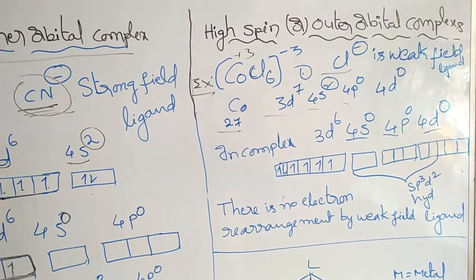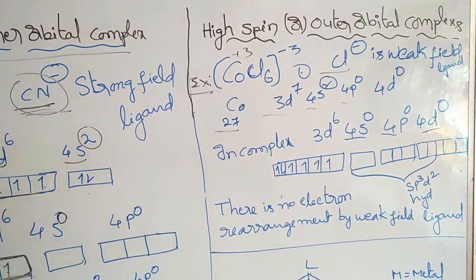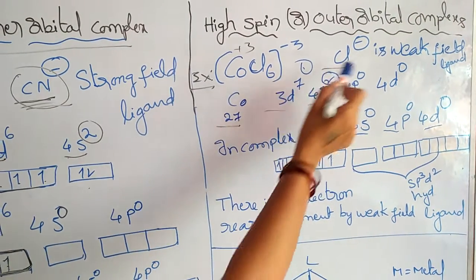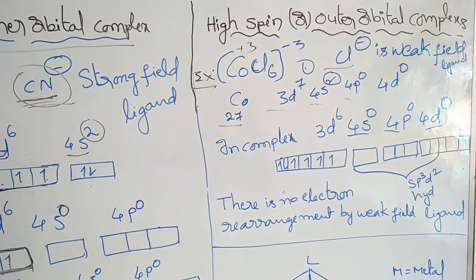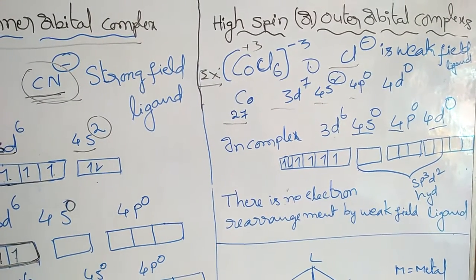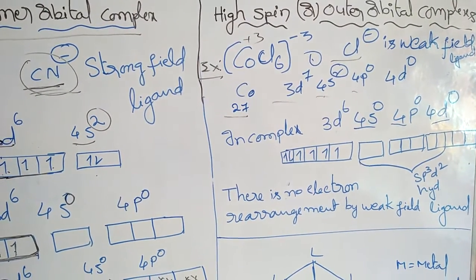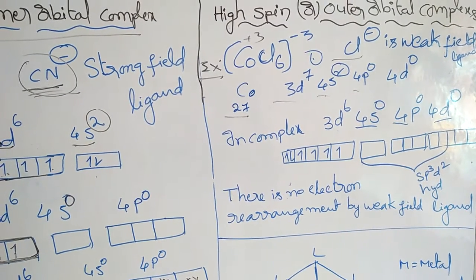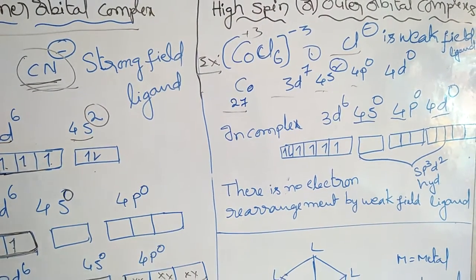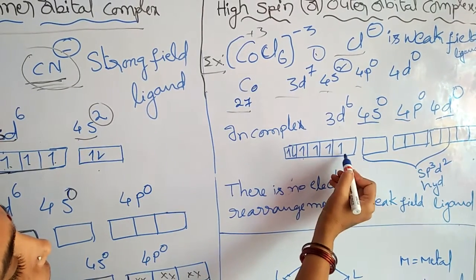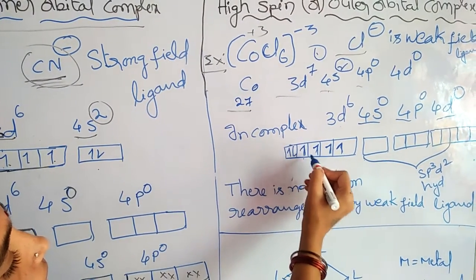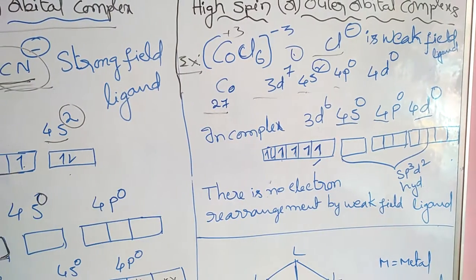Here there will be no electron rearrangement. Chloride, Cl minus, is a weak field ligand, so the repulsive forces between ligand electrons and metal electrons are less. There is not that much force to pair up the electrons, so the unpaired electrons stay like that.